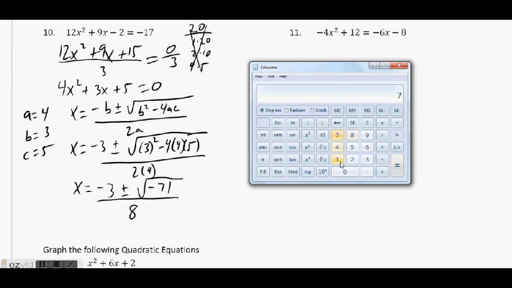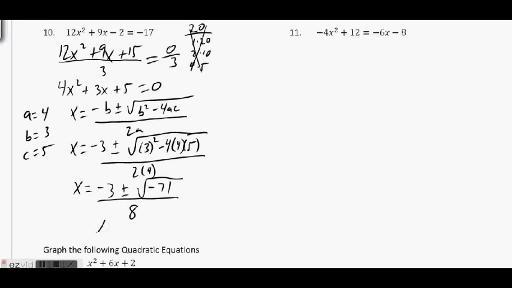Nope. Alright, save the time. Nothing worked. So the final answer is x is equal to -3 plus or minus. I have to get rid of that negative in there. So it's i times the square root of 71 all over 8. Nothing you can do, you're done.